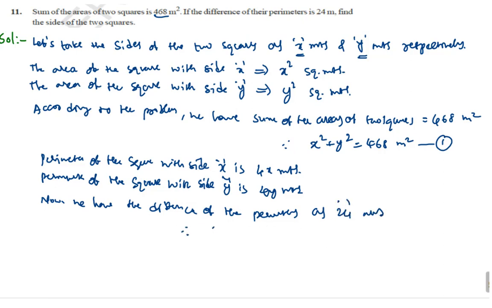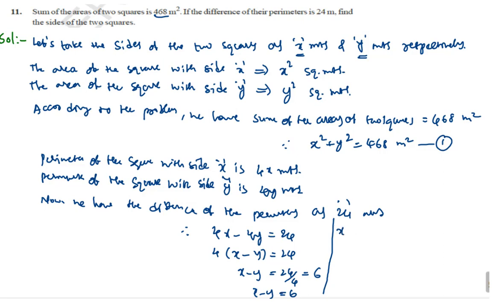So we can write 4x minus 4y equals to 24, and if we take 4 common out, we get 4 into x minus y equals to 24, so x minus y equals 24 by 4, which equals 6. From this we can write x equals to y plus 6 meters. Let us assume this one as equation 2.